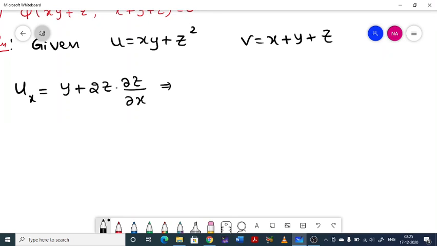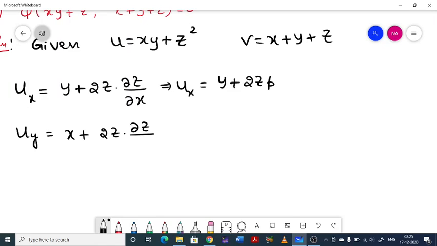So that implies ux equal to y plus 2zp. Similarly, uy equal to x plus 2z into dou z by dou y. So that implies uy equal to x plus 2zq.